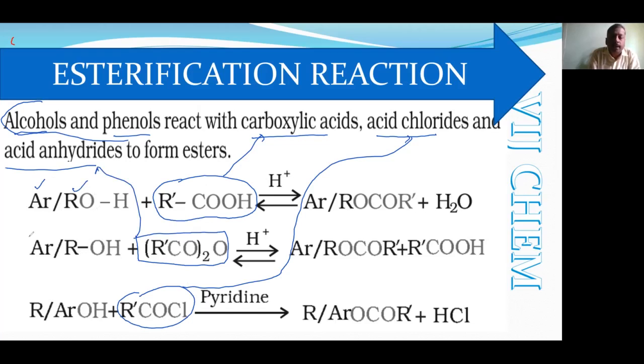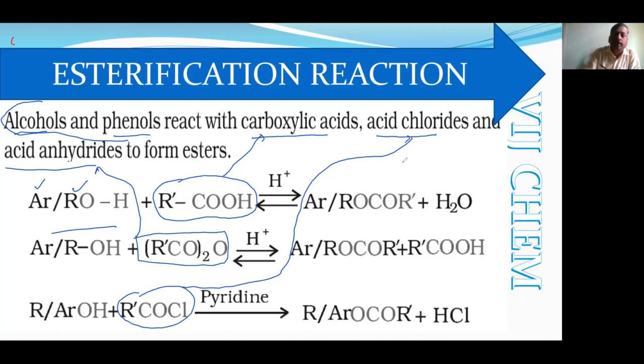So it can be alcohol or it can be phenol. Alcohol or phenol when treated with carboxylic acid, or you can treat it with the acid anhydride, or you can treat it with the acid chloride.